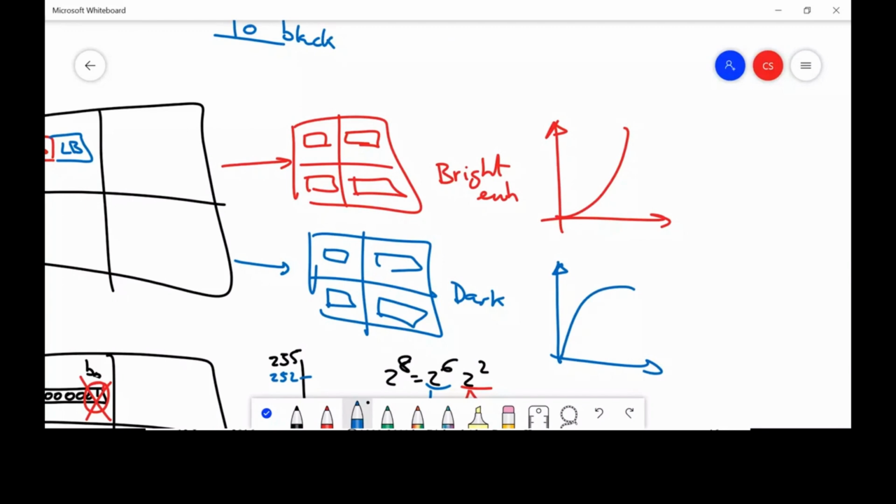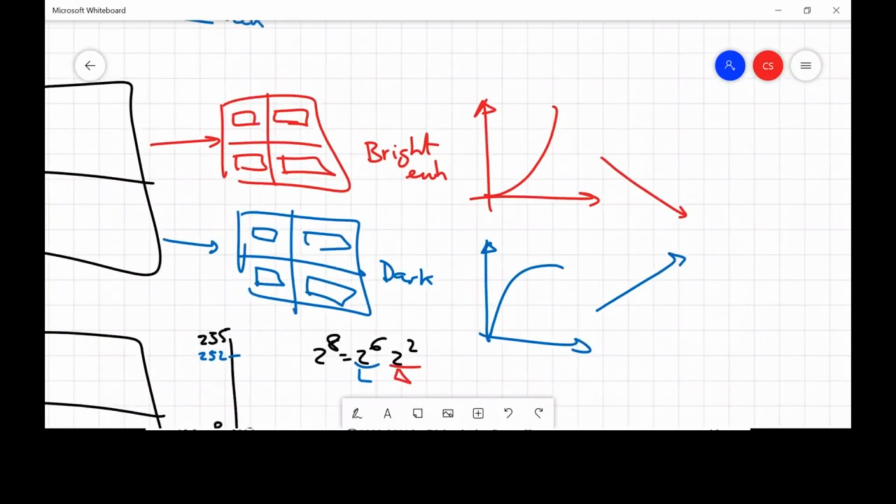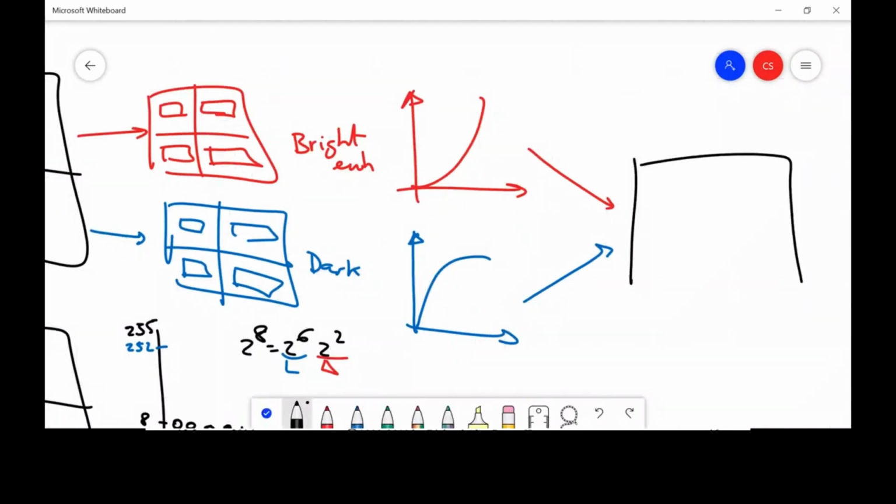And now I can combine the two. So I can combine this one here, this one here, and produce a new image that has these upper bytes and these lower bytes. So you can be really, really creative.